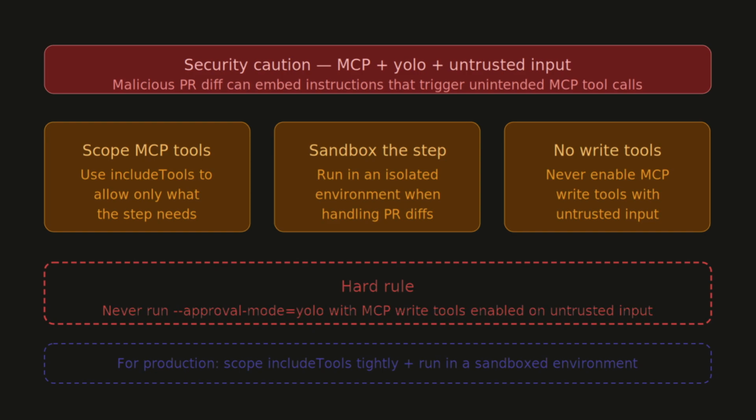A malicious diff could contain embedded instructions that cause Gemini to call unintended MCP tools. For production use, scope the MCP server's available tools as tightly as possible using includeTools, and strongly consider running this step in a sandbox environment. Never run approval mode YOLO with MCP write tools enabled on untrusted input.